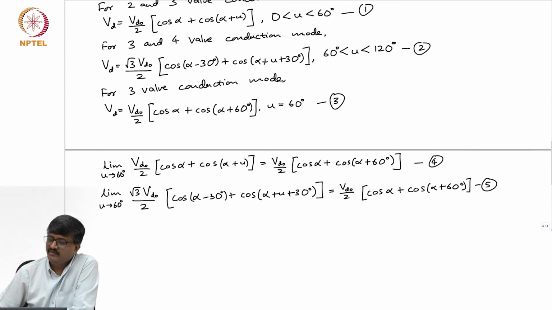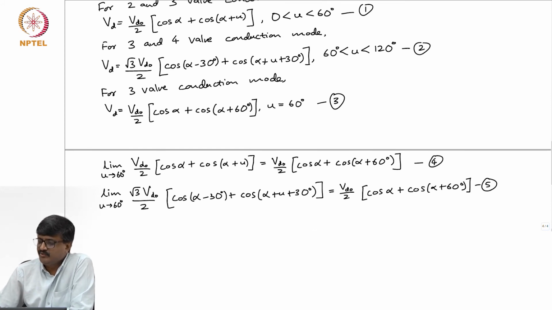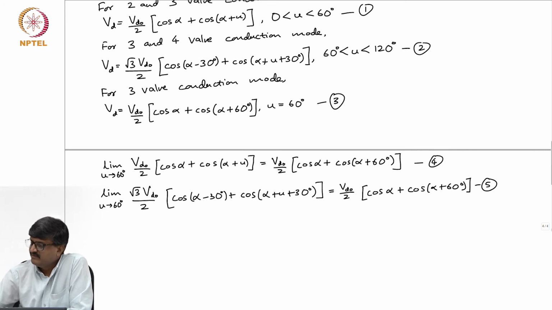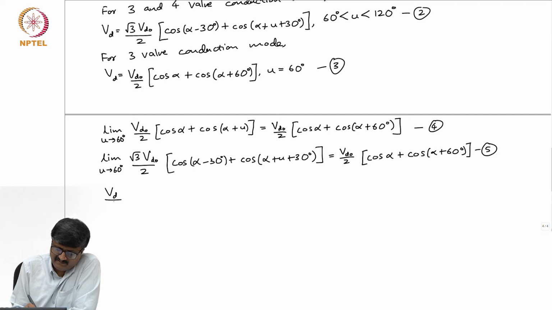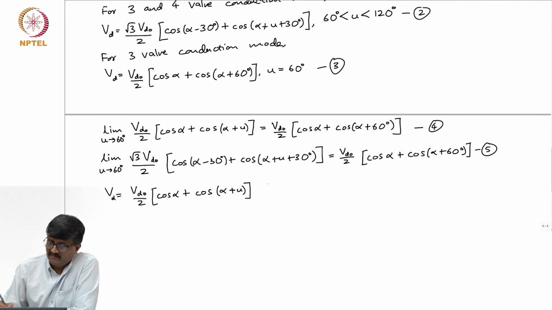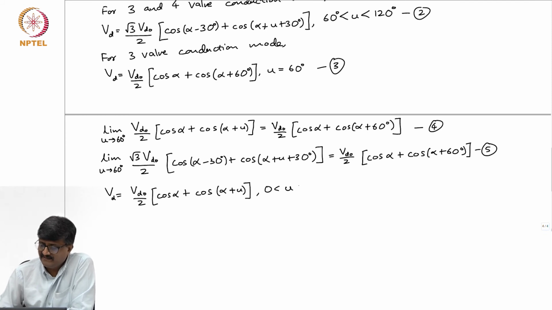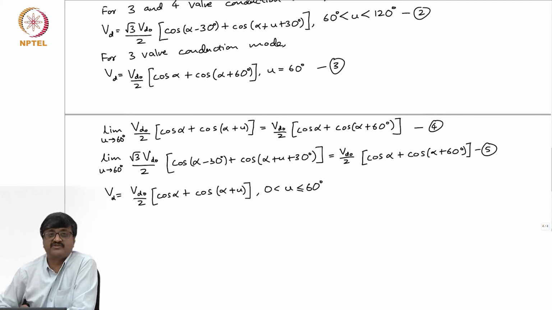So what one can do is instead of using equations 1, 2, 3, I can just use 2 equations. I can say that Vd is equal to Vdo by 2 cos alpha plus cos alpha plus u. So instead of saying that this is valid for u greater than 0 and less than 60 degrees, I will say this is also valid for u equal to 60 degrees.